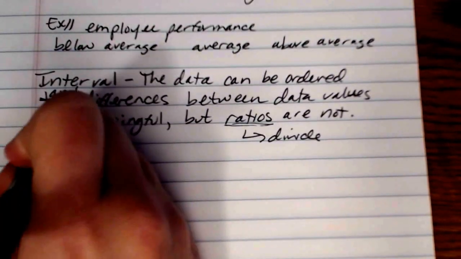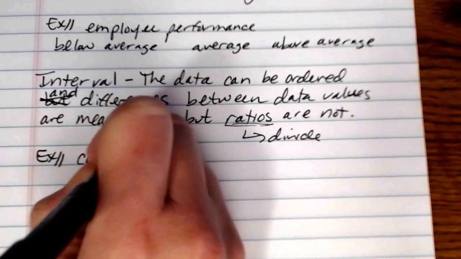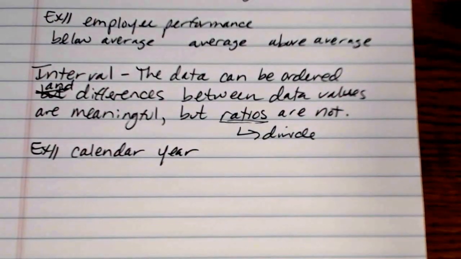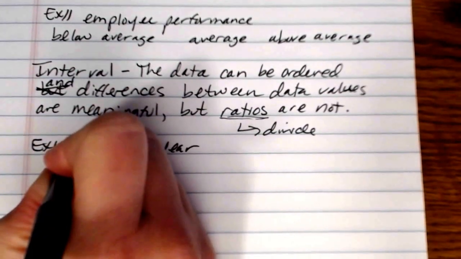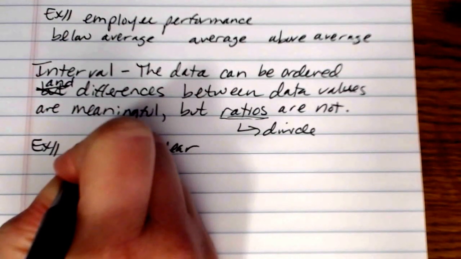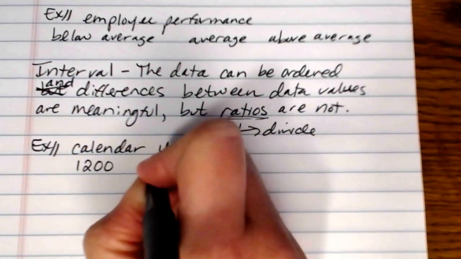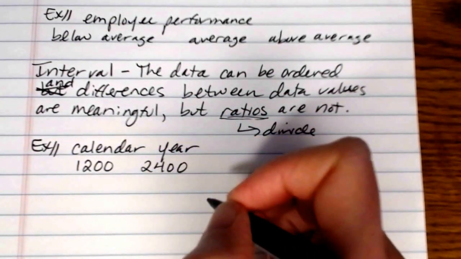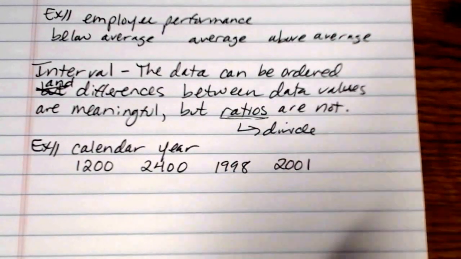To give you an example of something that frequently comes up at the interval level, calendar year is something that would be at an interval level measurement. So let's say that we had a bunch of years and we had, I don't know, the year 1200, the year 2400, which obviously we're not there yet, 1998, 2001, these kinds of things.